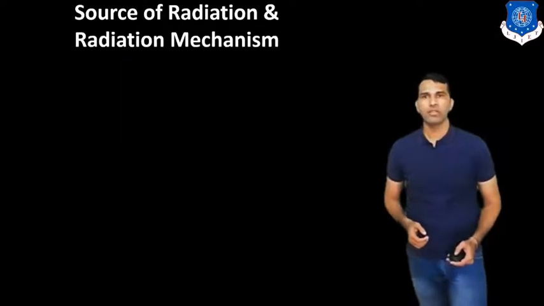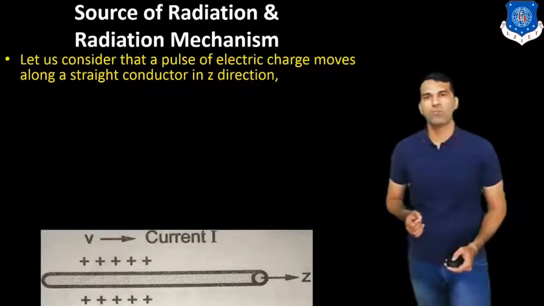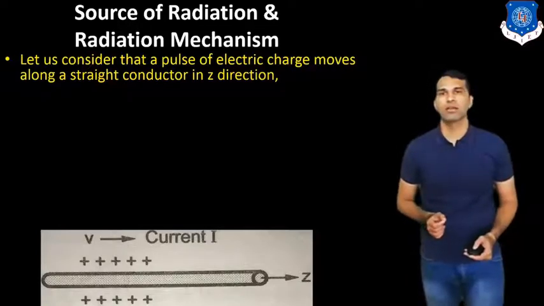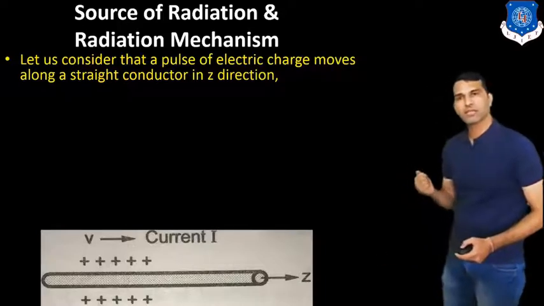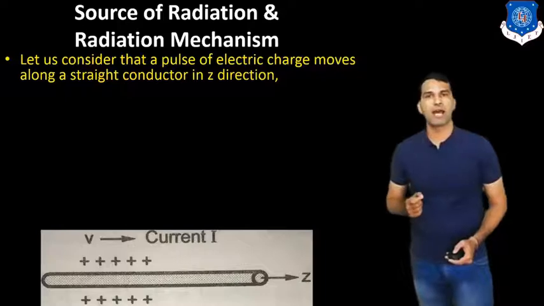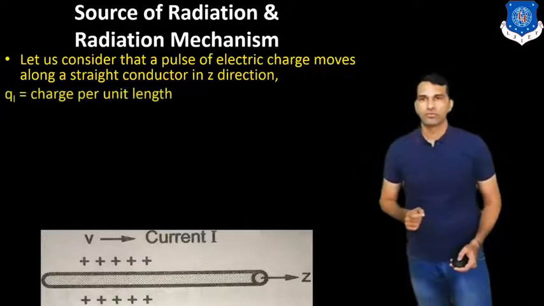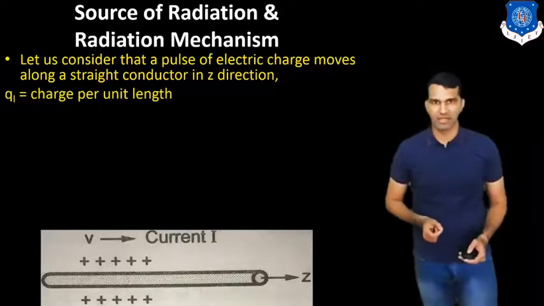Now let me consider a pulse of electric charge moving along a straight conductor in the z direction. In this figure, we consider the pulse of electric charge moving along the z direction. Here QL indicates charge per unit length.